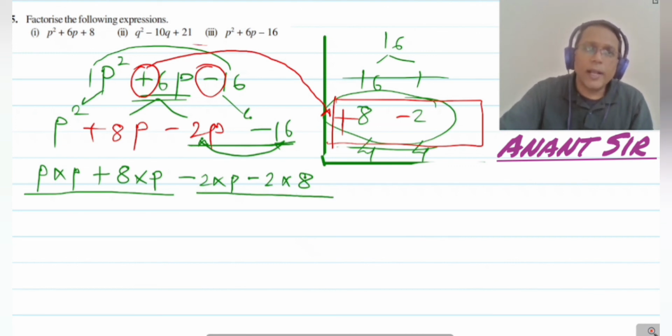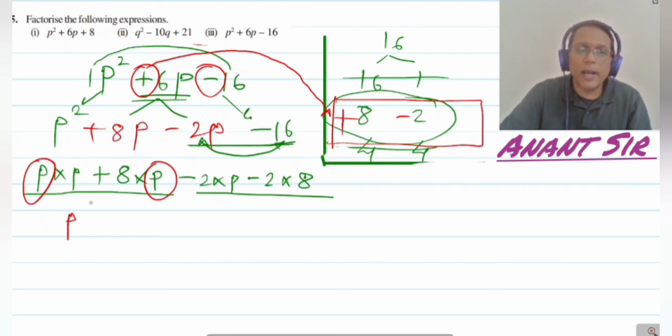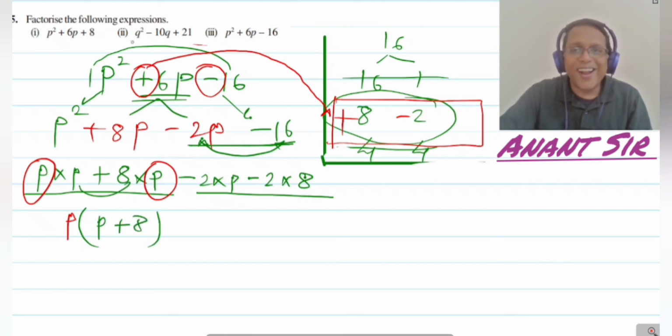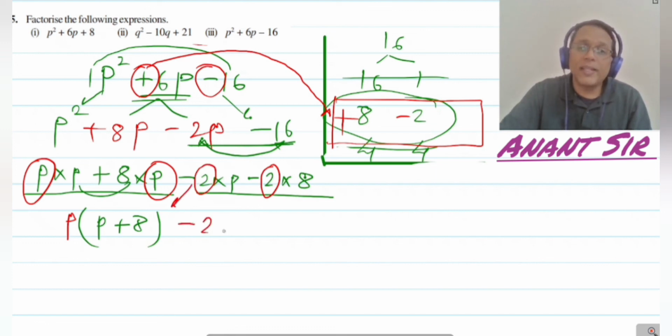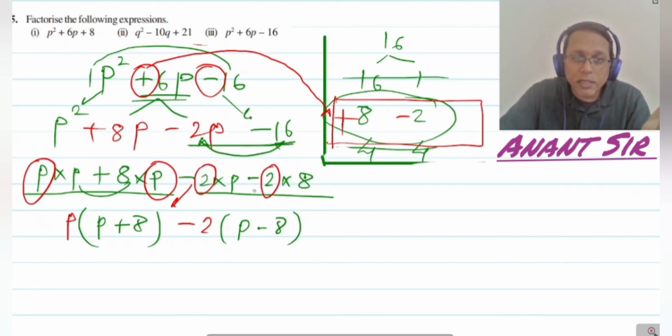Now, what can I take common from the first two terms? I can take p. If I take p common, what will remain inside the bracket will be p plus 8. And what about the last two terms? I can take 2 common from the last two terms. What is the sign there? Minus. Now this is where again students will make a mistake. They will write it as p minus 8 because they see minus here.